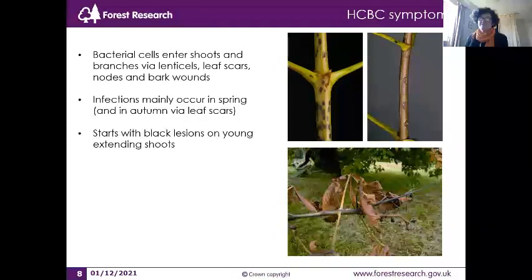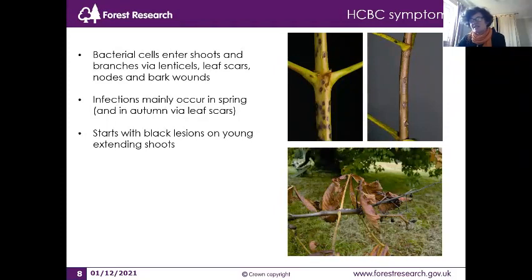We also believe that infection occurs in the autumn, particularly when you get early autumn storms and early leaf blow, so the leaves are ripped off and the leaf scars are, for a period of time, quite vulnerable to bacterial infection. The infection starts with black lesions.